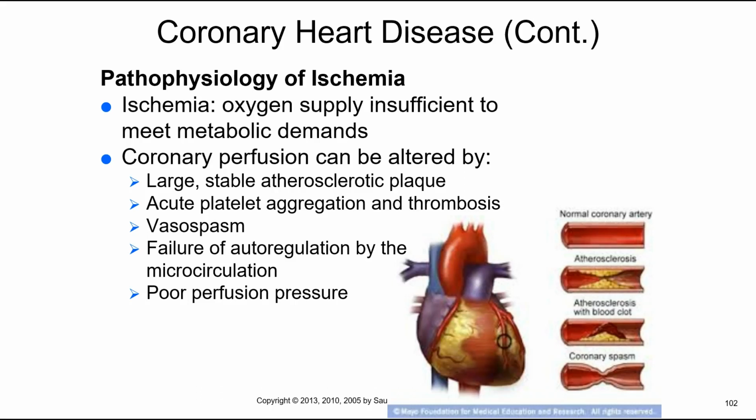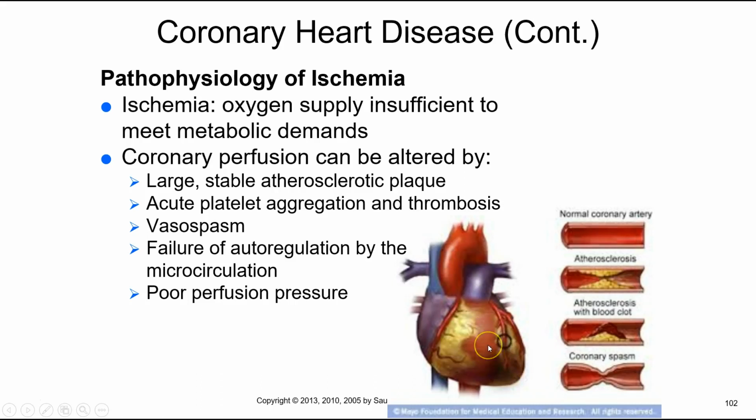Now you already know what happens with ischemia because we've already seen the physiology of ischemia and hypoxia and how that can cause cell death. In the case of cardiomyocytes, we know a couple of things special are going on with cardiomyocytes.